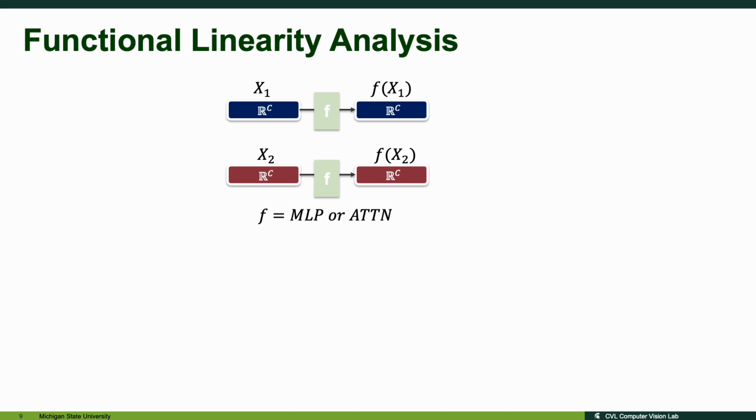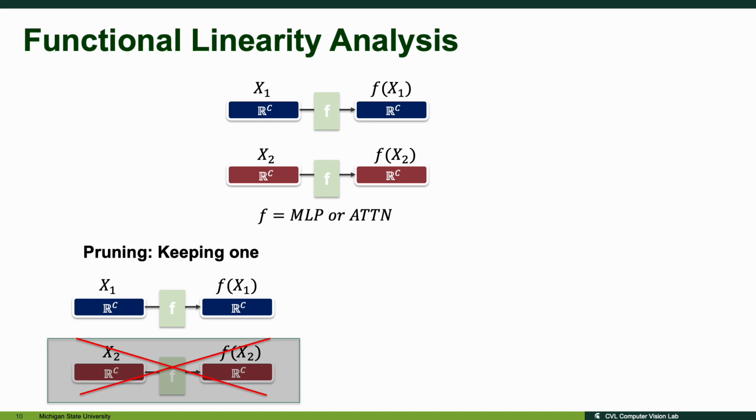We begin by analyzing how pruning or merging affects vision transformer models. Consider x1 and x2 as arbitrary tokens. Let f represent a function within the ViT model, which could be an MLP or attention module. Our aim is to closely examine the behavior of the function f(x).